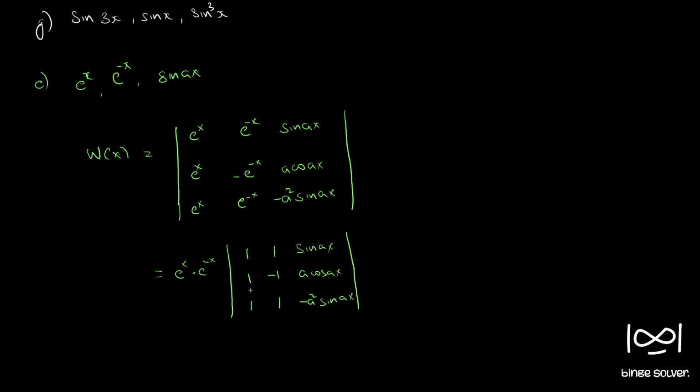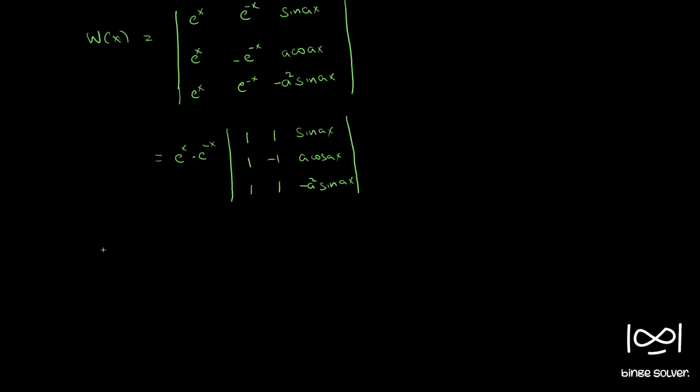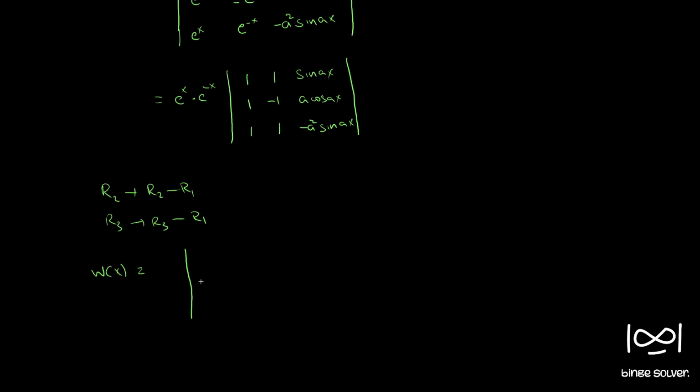Now we can do some row operations: R2 equal to R2 minus R1 and R3 equal to R3 minus R1. So the Wronskian becomes e raised to x into e raised to minus x, which is 1, so that is gone.